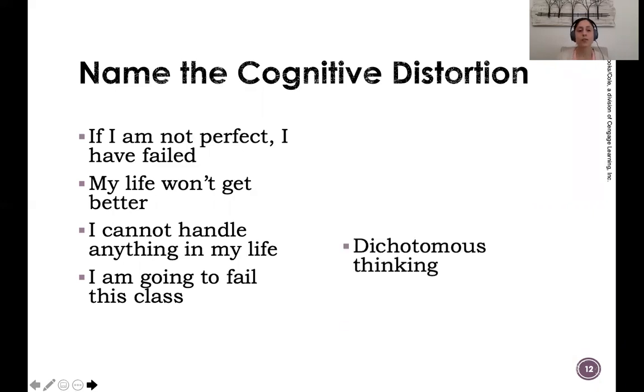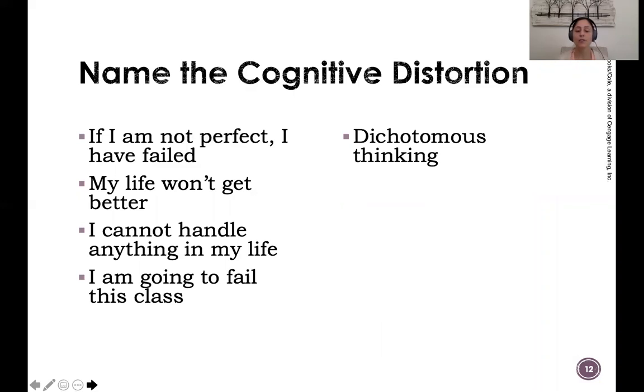Okay. So I am not perfect, I have failed, is dichotomous thinking. Because you haven't achieved perfection, you are then a failure. Right? Black and white thinking, no in between. You have to be perfect or you are a failure. My life won't get better is fortune telling here. It's that really negative view of the future.